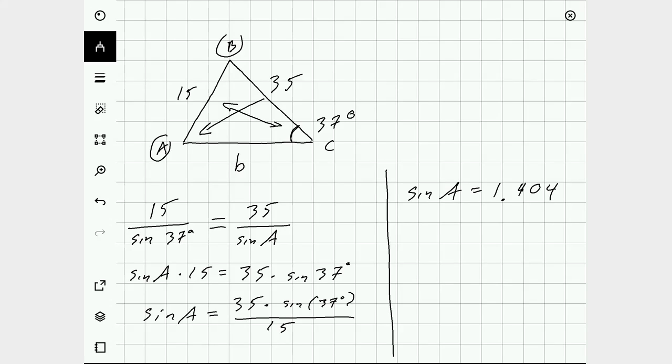This is one of the reasons that the SSA triangle lives up to its name. In fact, what we have discovered is that a triangle with side lengths of 15 and 35 and an angle of 37 degrees does not and cannot exist. It is impossible to get that third angle to actually meet. These measurements do not define a triangle.